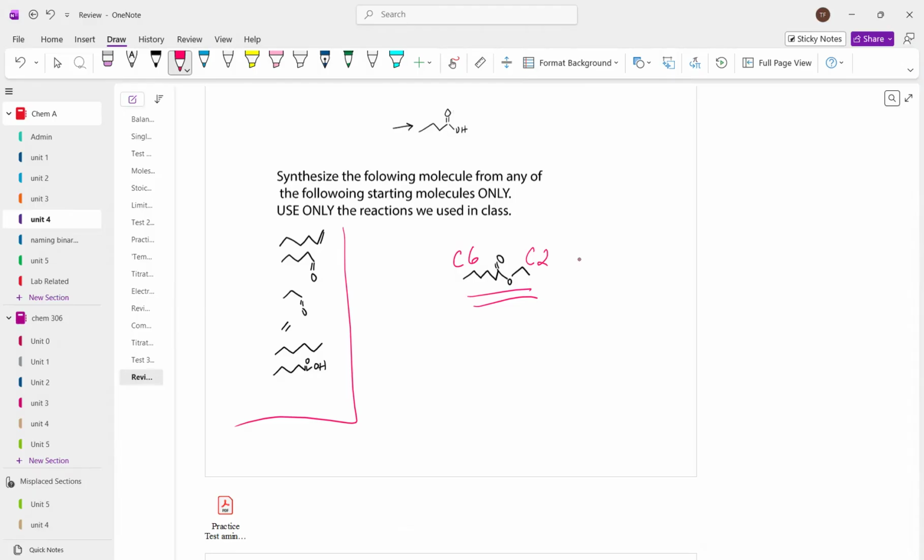So we need to find something with 2 carbons and 6 carbons. So we're going to take those 2 precursors, make them one, this goes to the acid, and this would go towards the alcohol. All the others, the carbon numbers don't match. Does that make sense?